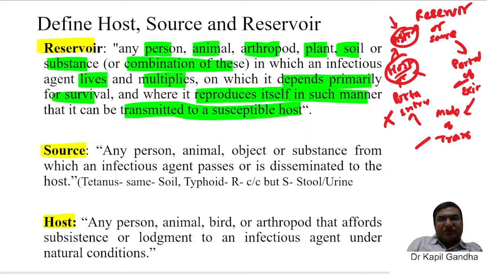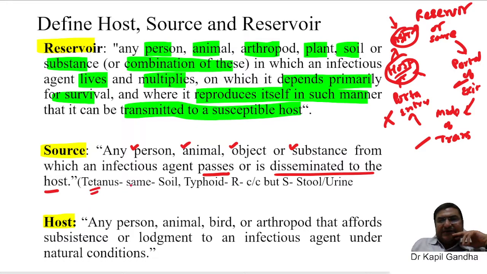What about the source? Again, it can be any person, animal, object, or substance from which the infectious agent passes or is disseminated to the host. Many a time reservoir and source can be the same.